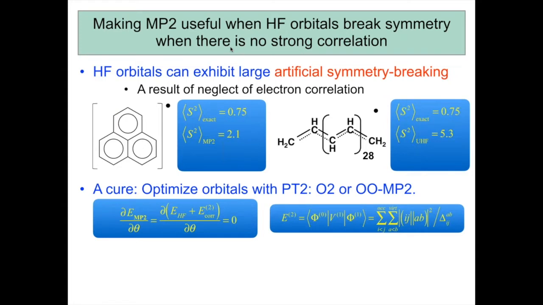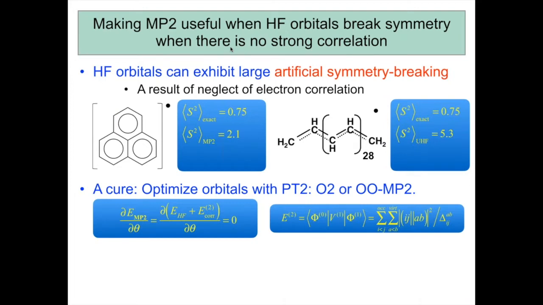Well, you might just run density functional theory, and we'll talk a little more about that at the end of the talk. But if you are trying to do something that's still like Hartree-Fock itself, that has no density functional theory character, then one thing you can do is optimize the orbitals with the PT2 correlation included.